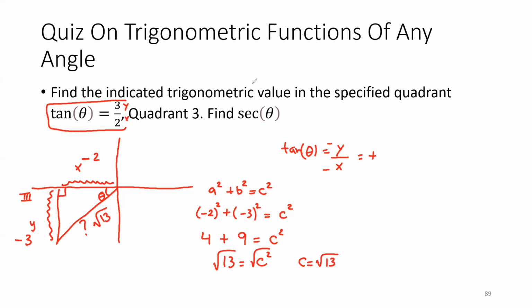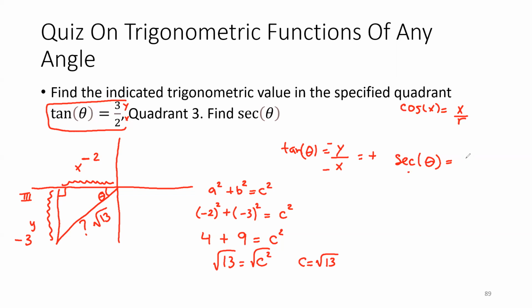Now that we've drawn the correct triangle, let's find secant theta. How do you express secant theta? There are two ways you could express it. There's a c here, so it's related to cosine. What is cosine? It is x over radius, right?